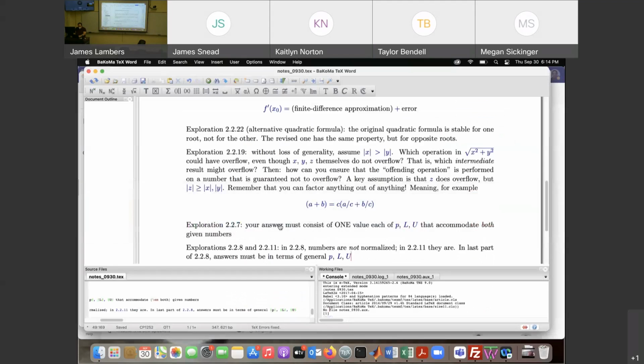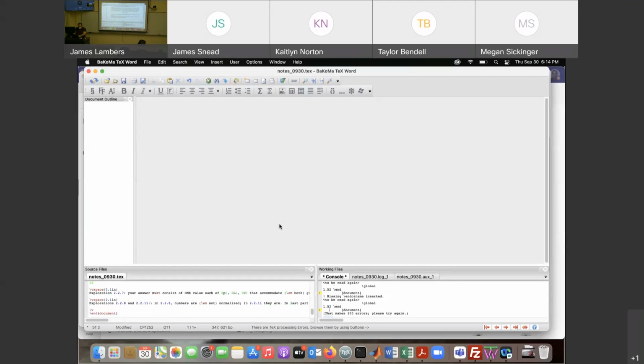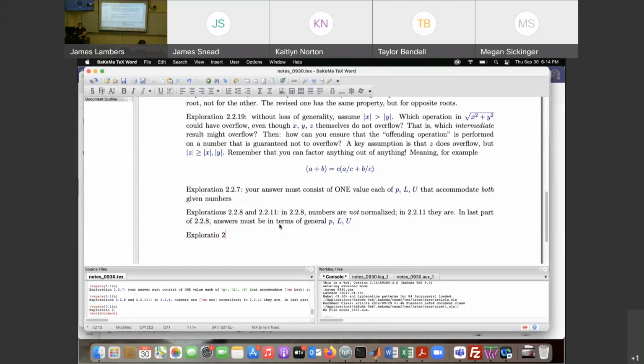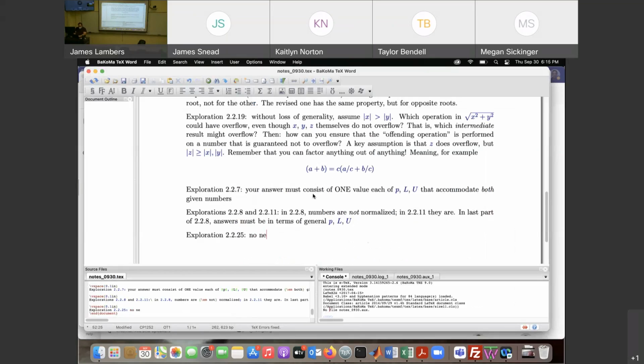Okay, actually, this last one in section 2.5 is worth comment. You're asked which size x would cause cancellation error. You do not need to consider x for which the expression is undefined.